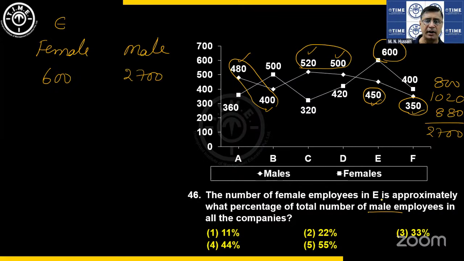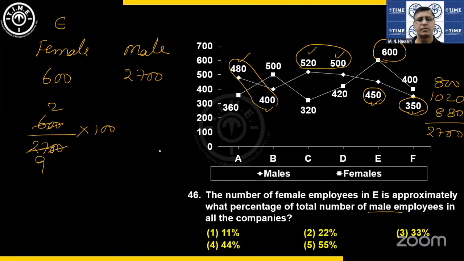What to find? Female employees in E, that is 600, approximately what percentage of the total of the male employees in all the companies together? Solving this, 0 and 0 get cancelled. 3, 2 times 3, 9 times.